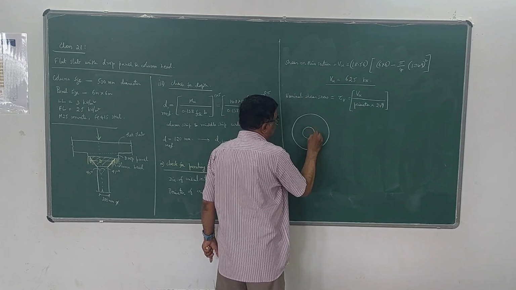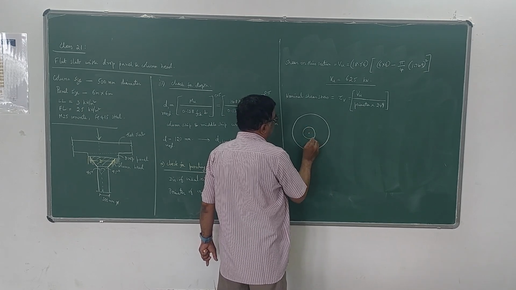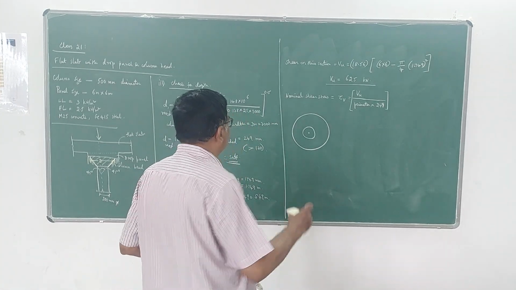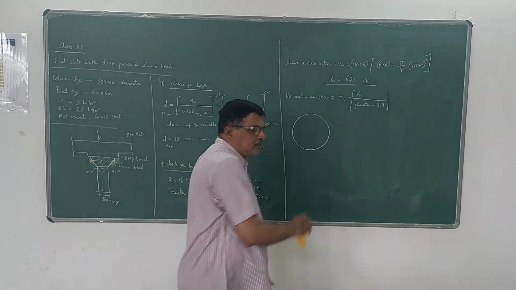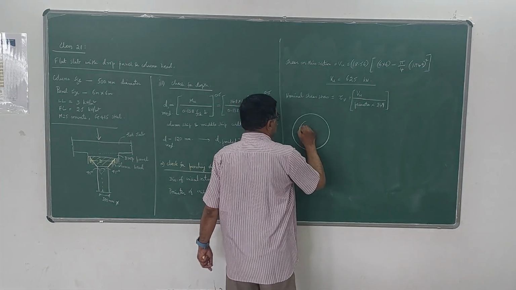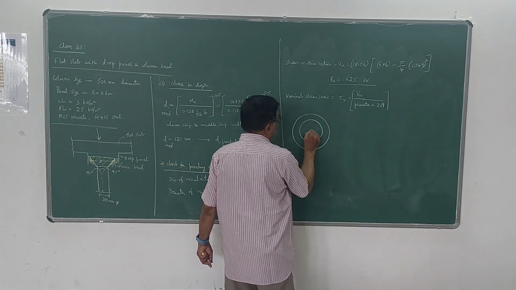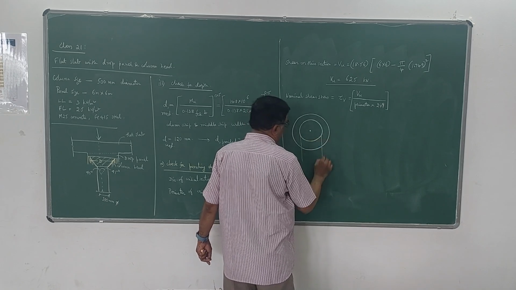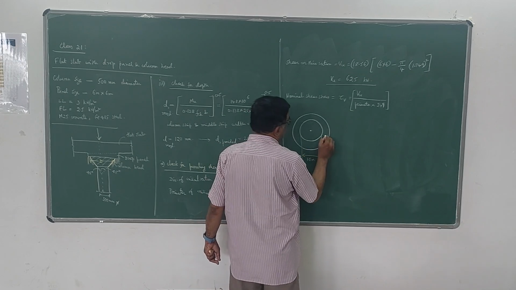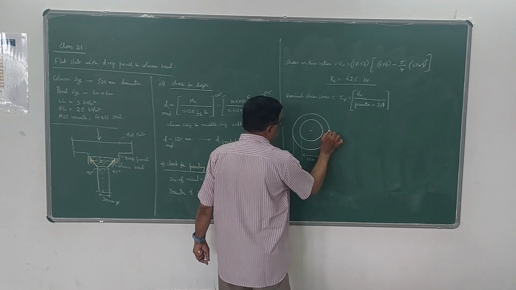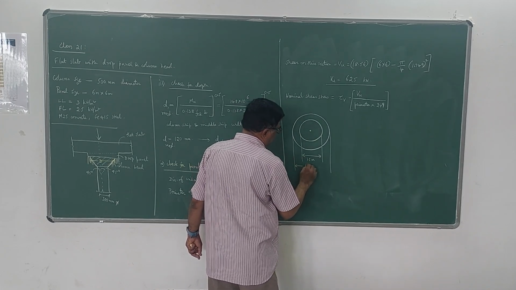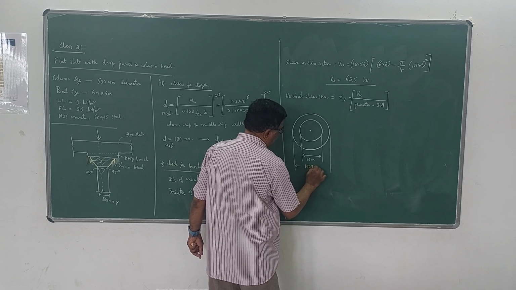I have already given this sketch. So this is d by 2, is it not? You have the column like this, and you know this is 1.5 meter diameter, or 1500 mm, and from here to here total is 1.5 plus 249, that is 1.749 meter.